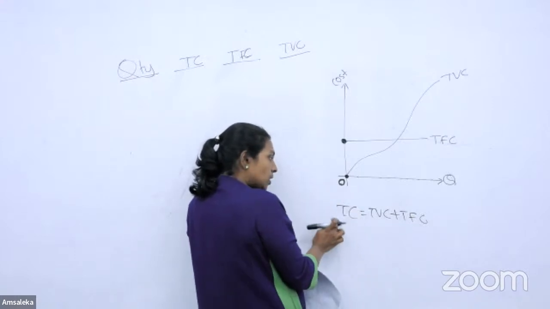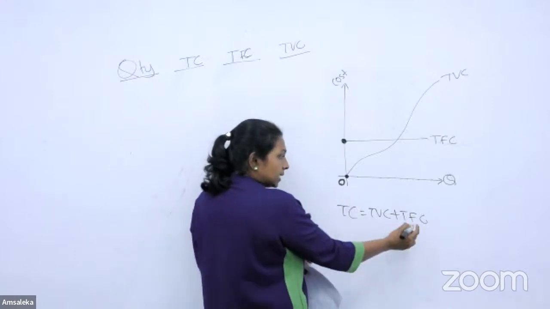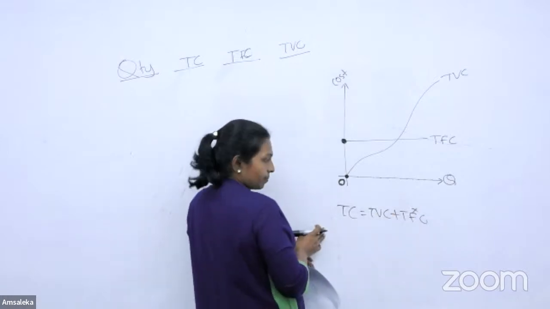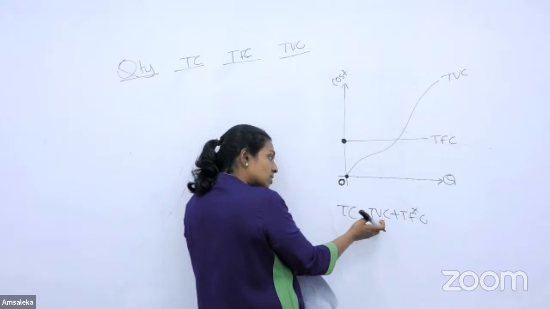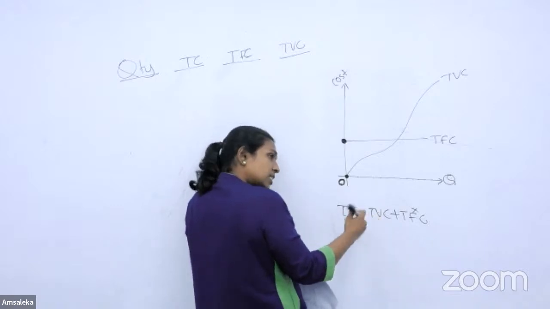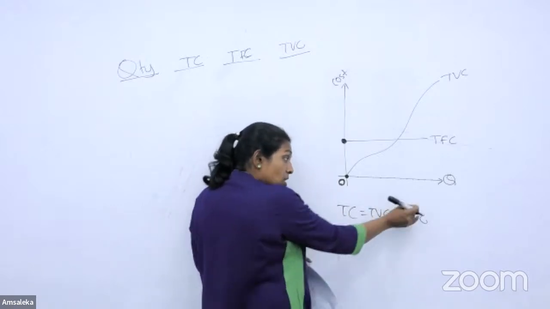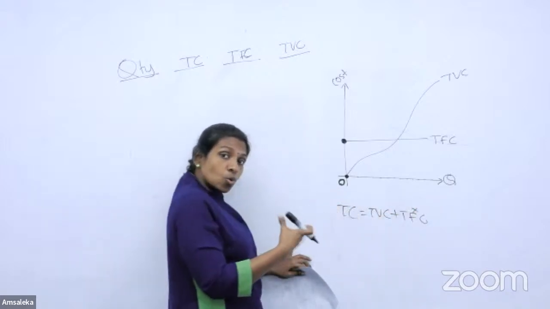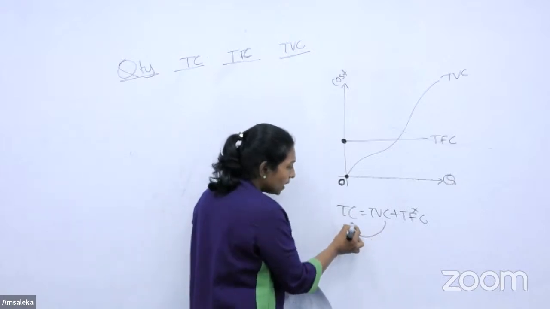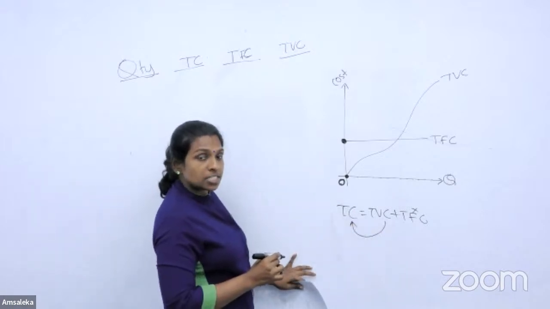In total cost, TFC is not changing; it remains constant. The way variable cost changes, increasing or decreasing, accordingly TC also changes.